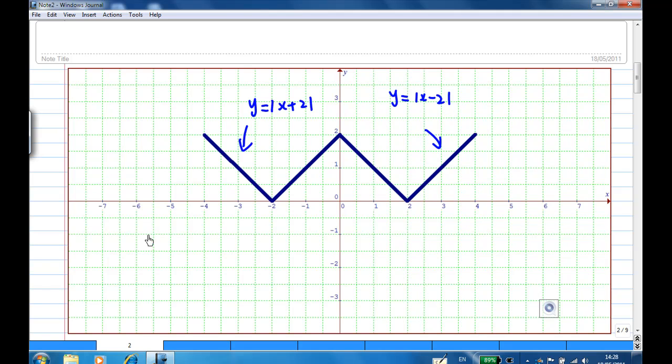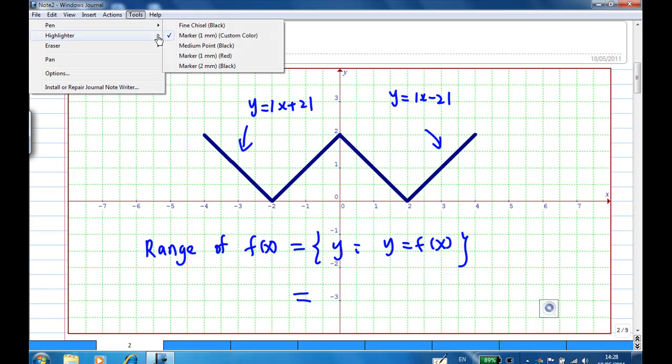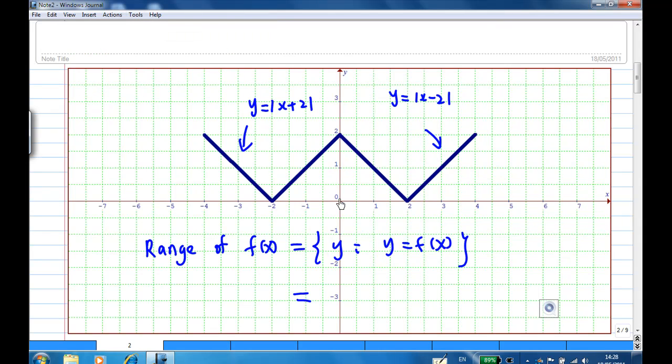Now, the range of f, by definition, is the collection of all the y such that y equal to f of x. Now, look at all the y. We find that the value of y ranges from 0 to 2.